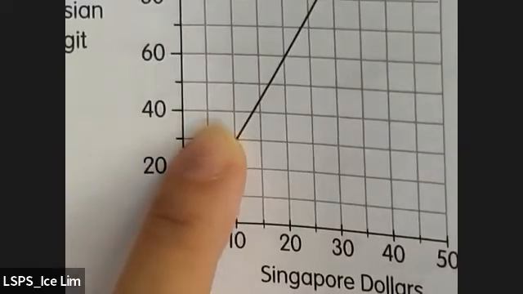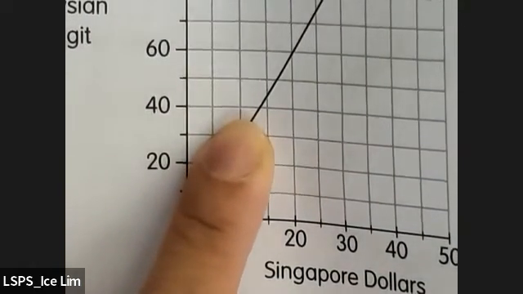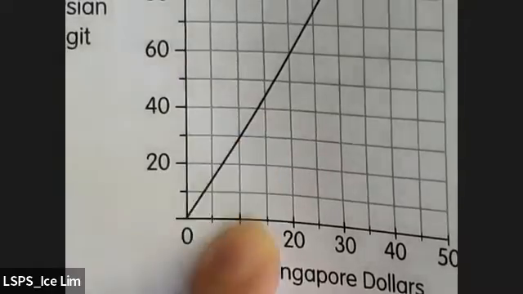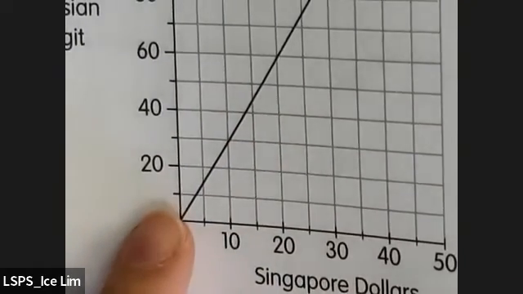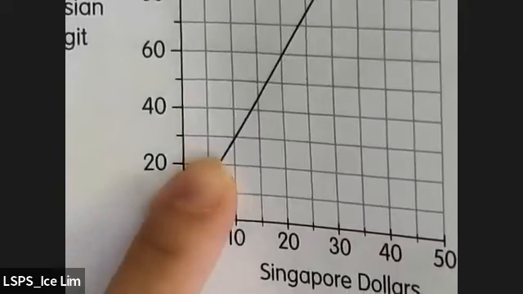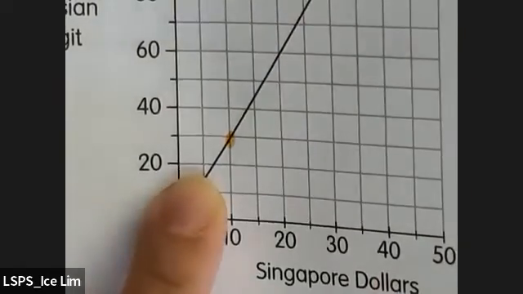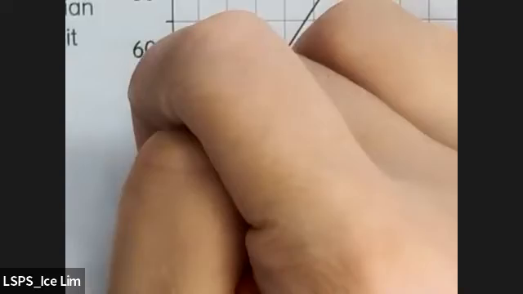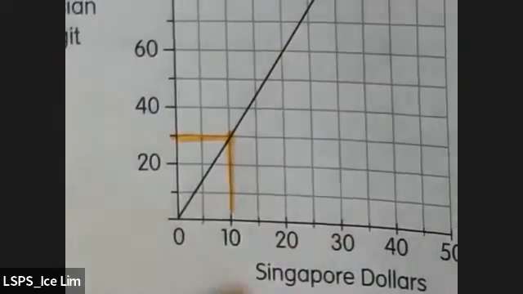If I choose 40 Malaysian ringgit, is it easy to see? No, it's in the middle of the lines, very hard to tell. So I want to see nice points that can give me answers that are easy to find. For example, 10 is 1.